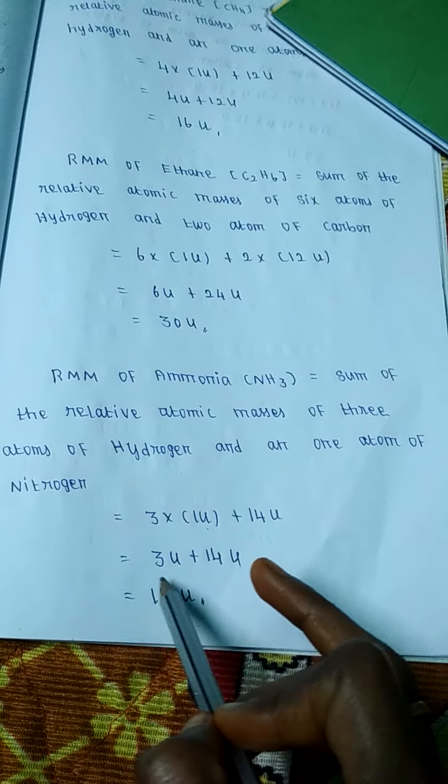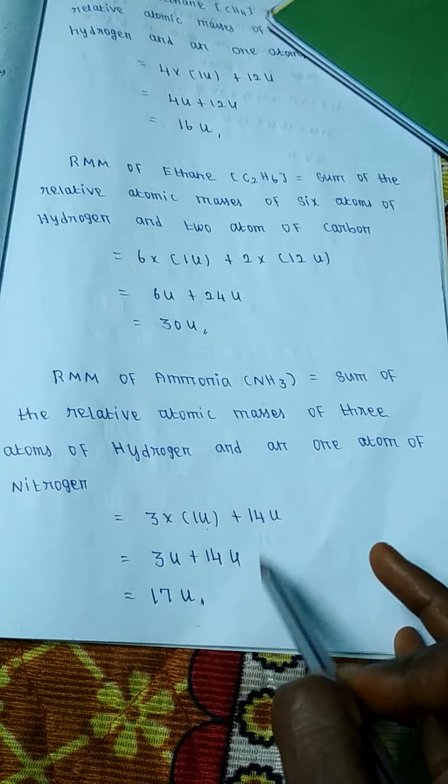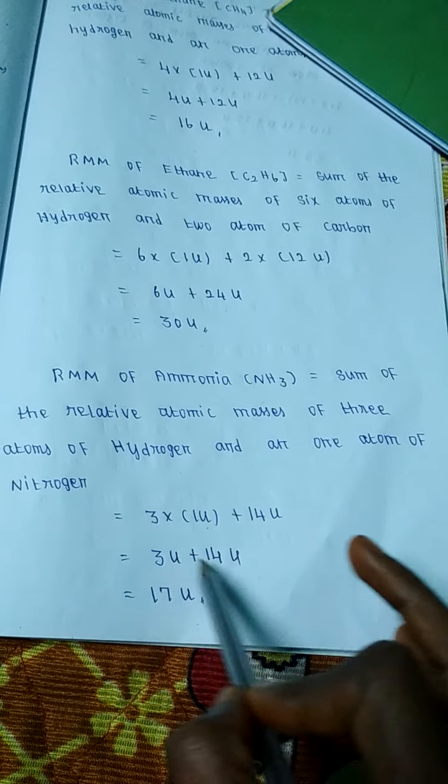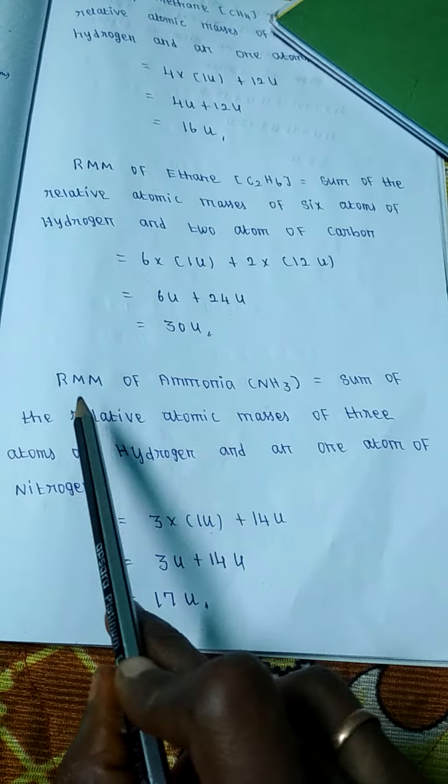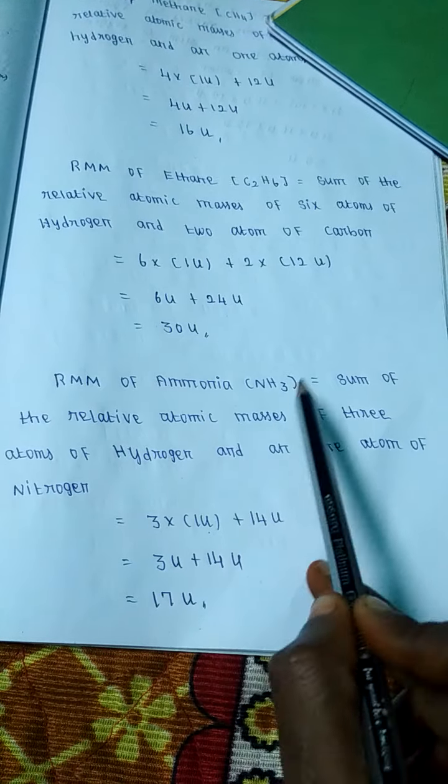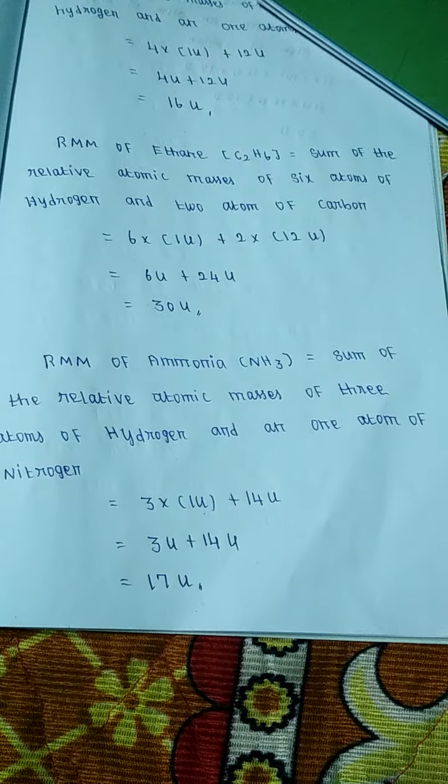So it is 3u plus 14u. Adding these values, you will find 17u. The relative molecular mass of the ammonia molecule is 17u.